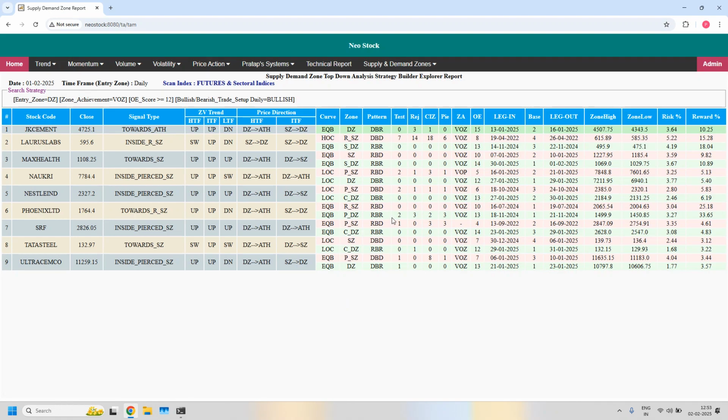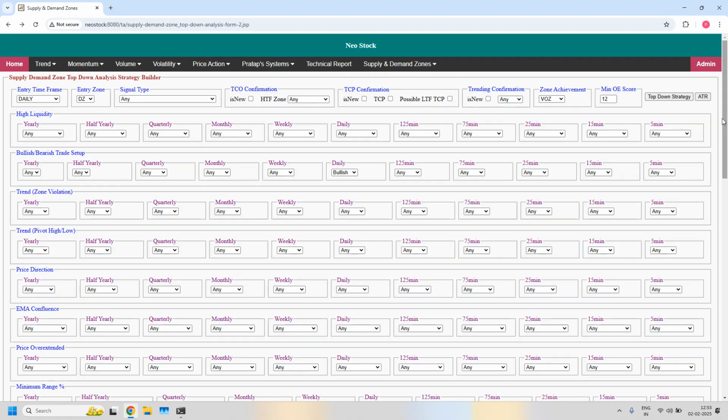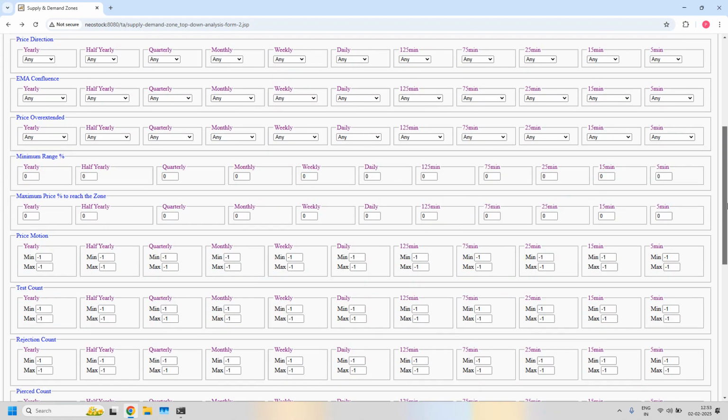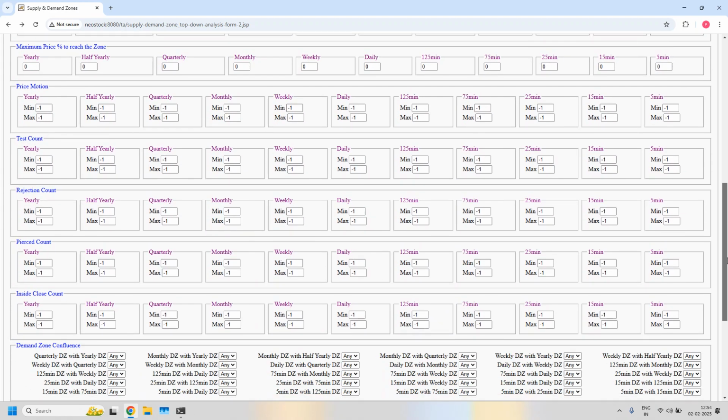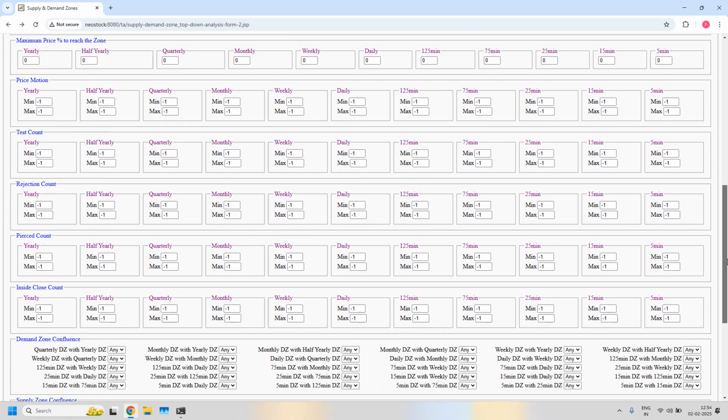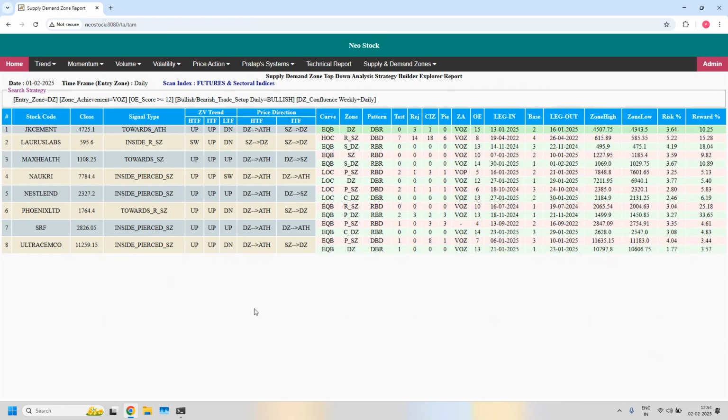Okay, first let us filter based on LTF and ITF demand zone confluence. LTF is daily, ITF is weekly. So daily demand zone with weekly demand zone confluence filter is enabled. With this filter, out of 8, all 8 are filtered.